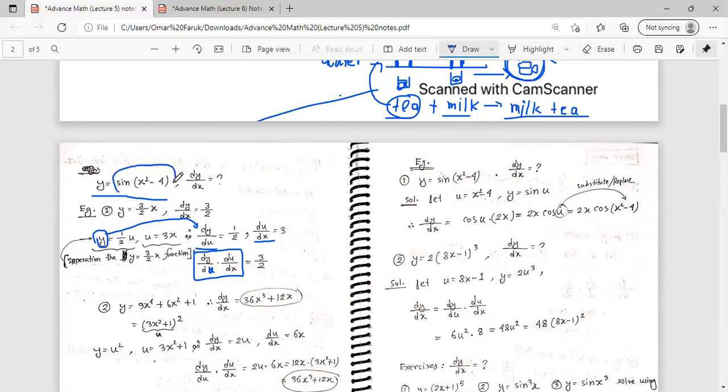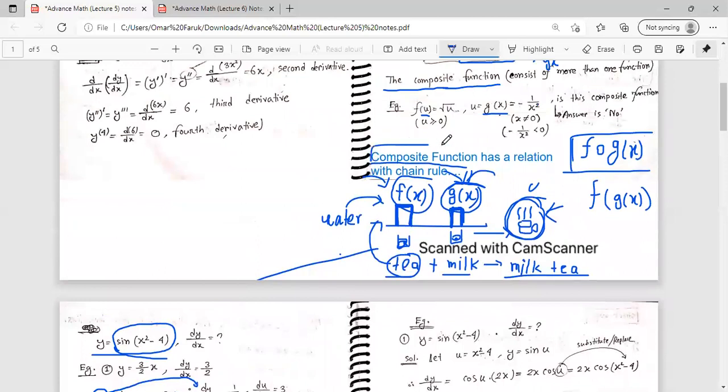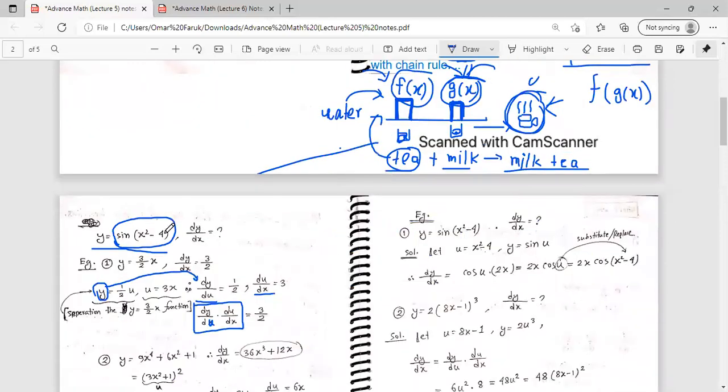This is a composite function because it is combined from two functions. One is x square minus 4, and another one is this whole function, sine of x square minus 4.